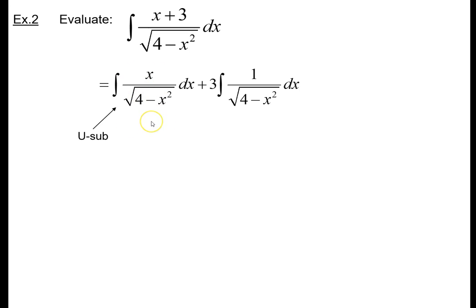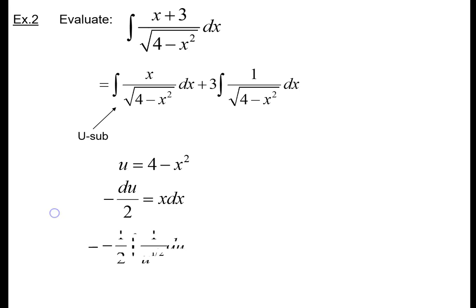The first one requires a U substitution because we've got the x on top and we've got an x squared in the denominator. So if we let U equal the 4 minus x squared, the derivative, of course, will be negative 2x. So if we bring the negative 1/2 to the front, we've got the integral of 1 over the square root of U, which of course is U to the 1/2. This is a power rule. We can think of it as U to the negative 1/2 and use our power rule.